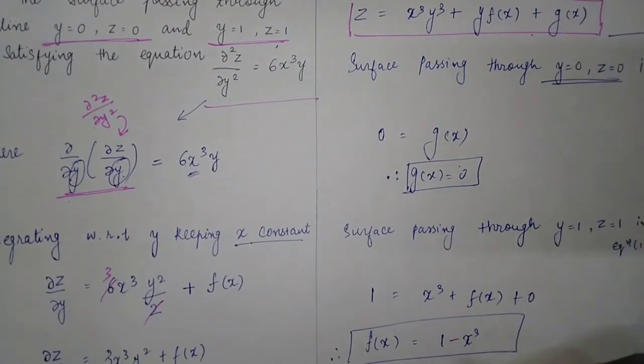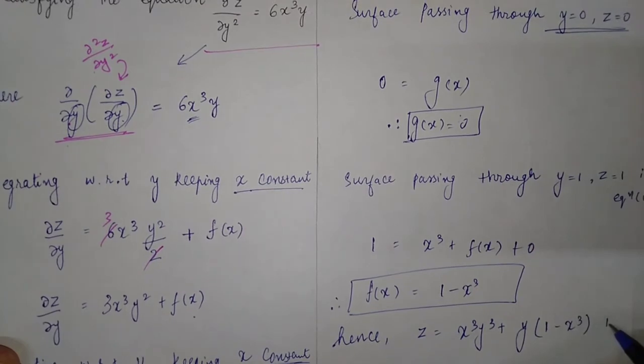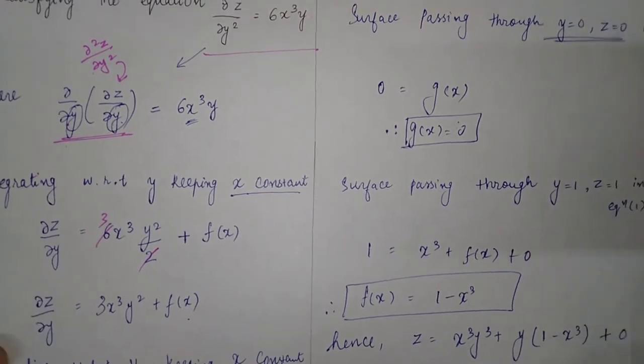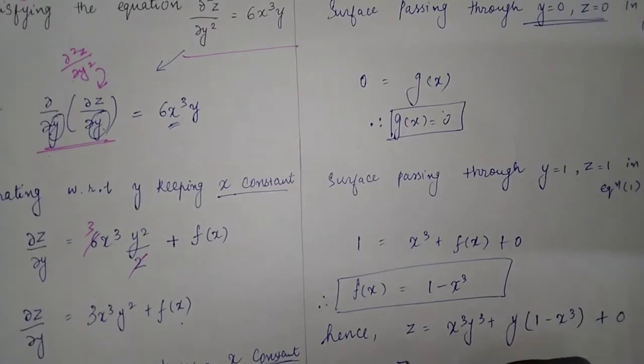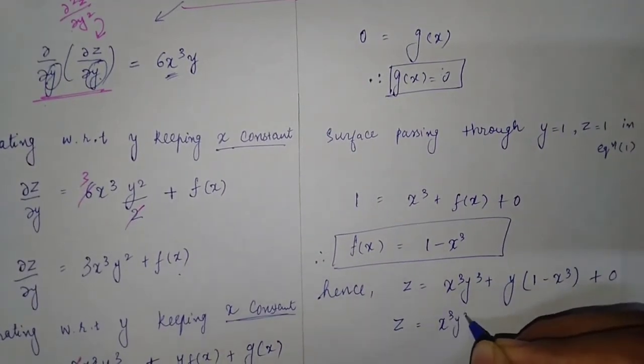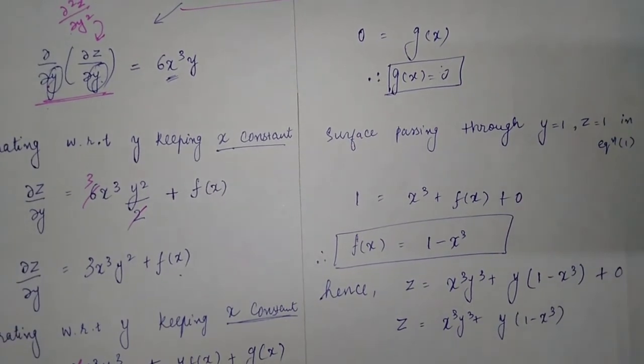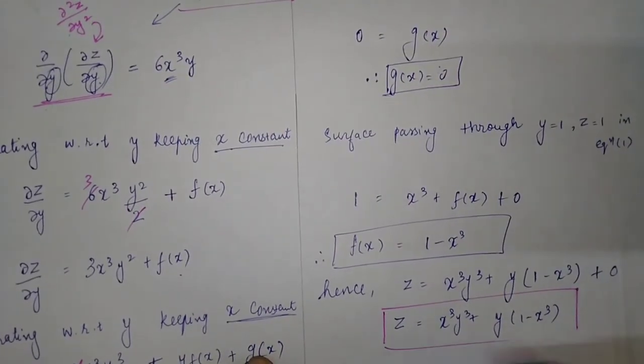What is f of x? 1 minus x cube. So here we will write 1 minus x cube plus g of x is 0. So your final answer of z will be x cube y cube plus y into 1 minus x cube. Okay, so this is the final answer which we got.